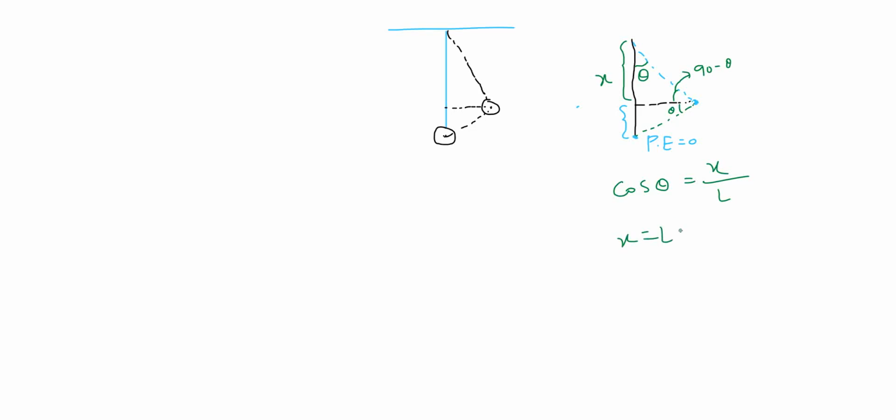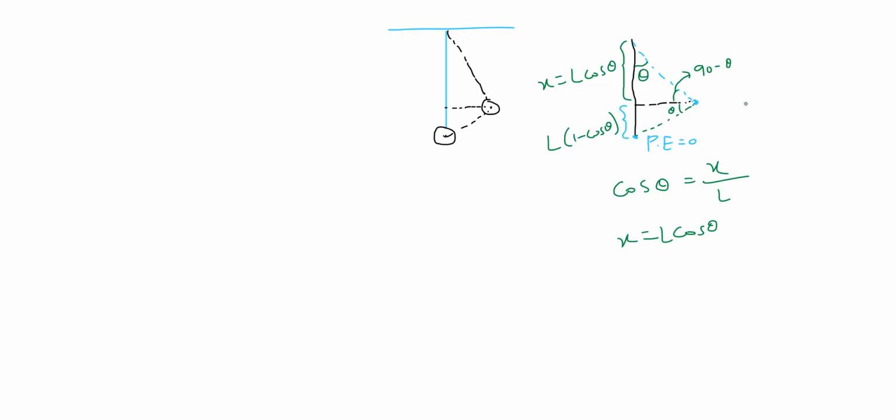So x is equal to L cos theta. Then the total is L, so L minus L cos theta will be L into 1 minus cos theta. So this much height it is moving.